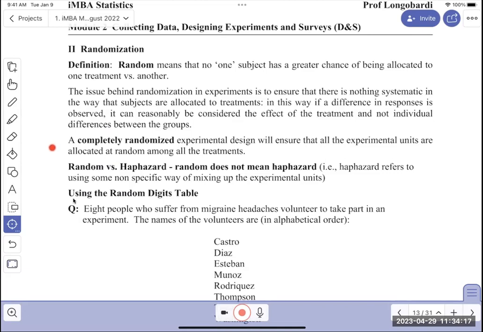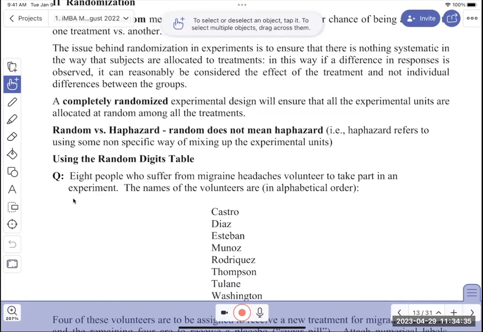So you need a completely randomized design to ensure that all the experimental units are allocated at random. This is not haphazard, okay? It means that there is a specific way to do it. It's not just made up or non-specific.